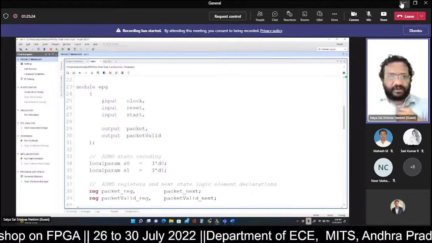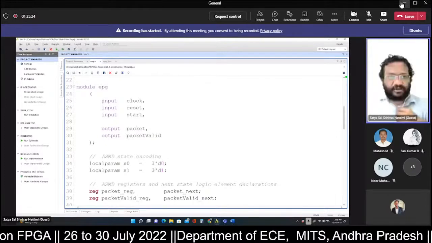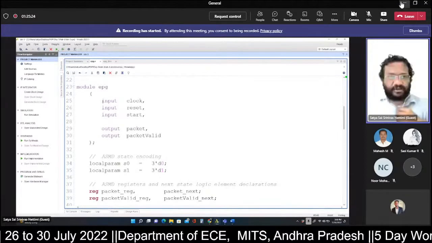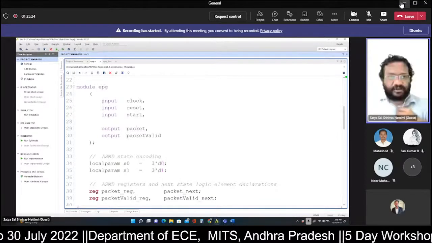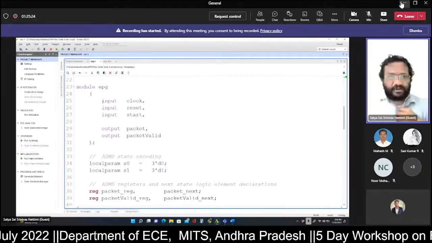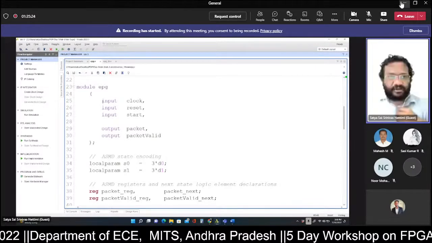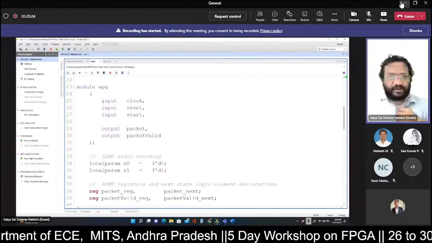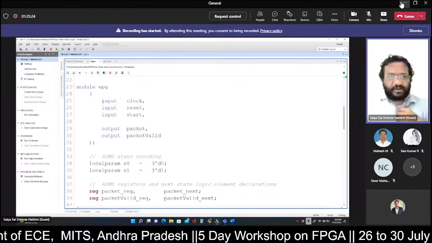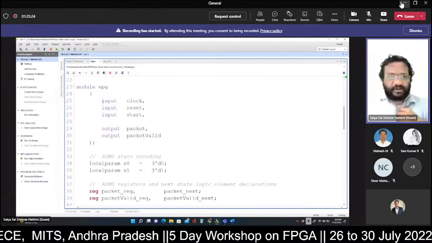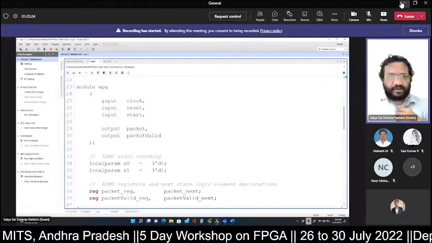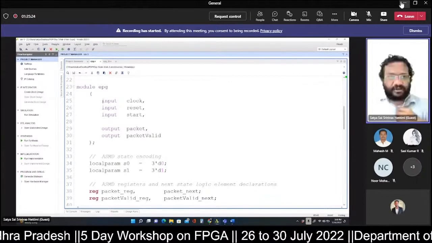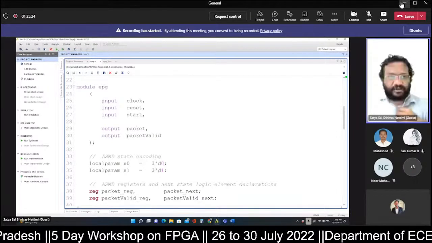Next, I will set the initial conditions of test bench variables. In the test bench, we only use the reg type, set. So I'll make these inputs 0. I will generate a clock signal. I want it always generated, so an always block.